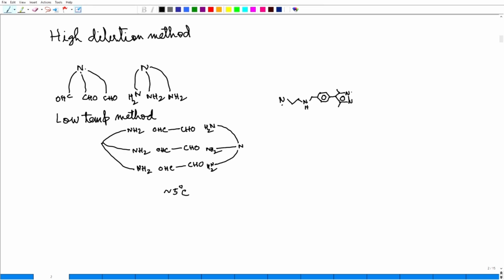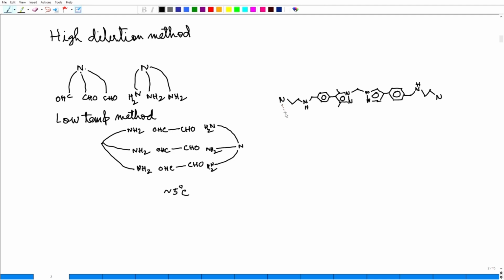So, pyrazole. Okay. So, we made this compound.